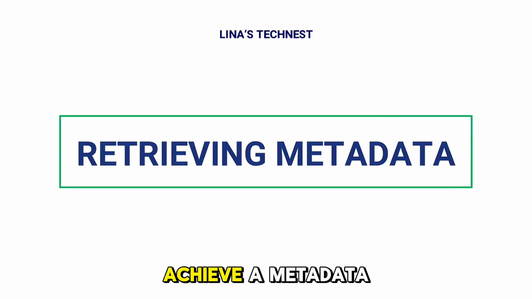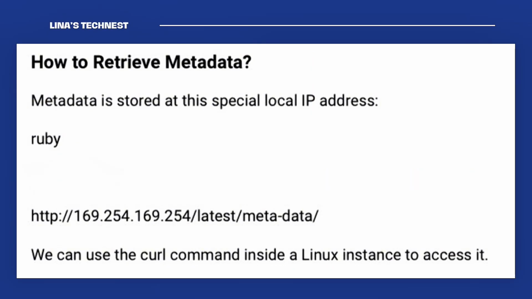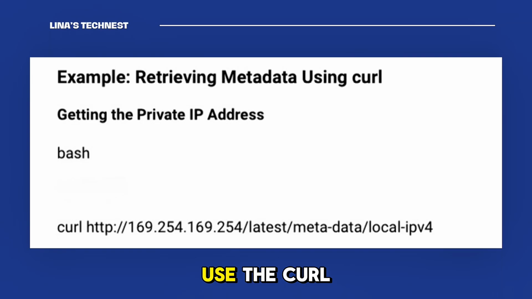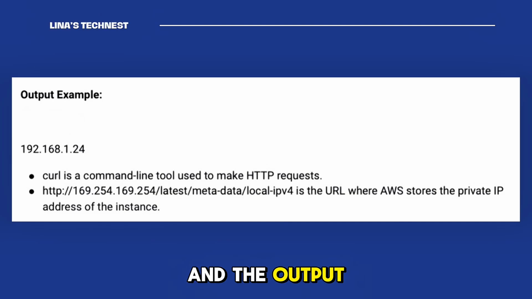How can you retrieve metadata? Metadata is stored at this special local IP address displayed on the screen. We can use the curl command inside the Linux instance to access it. An example code on the screen like this can be used to retrieve it, and the output gives you something like this on the screen, 192.168.1.24.